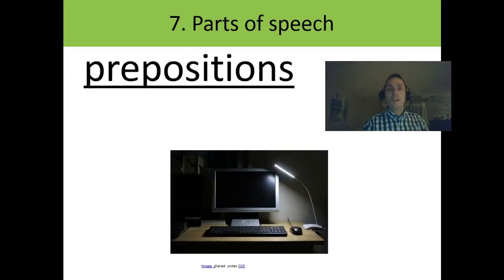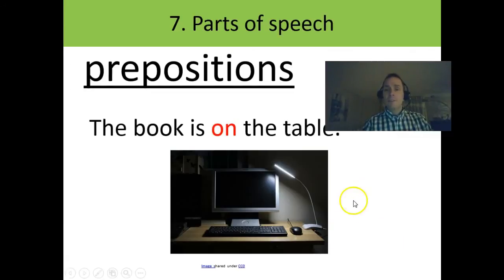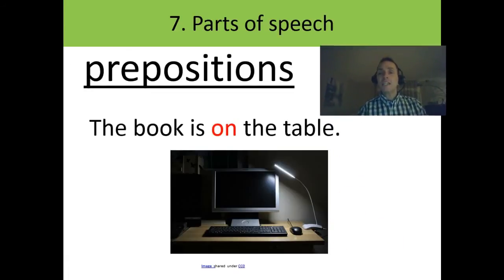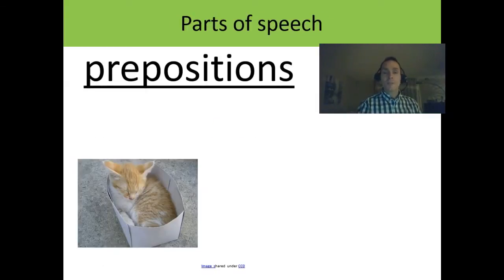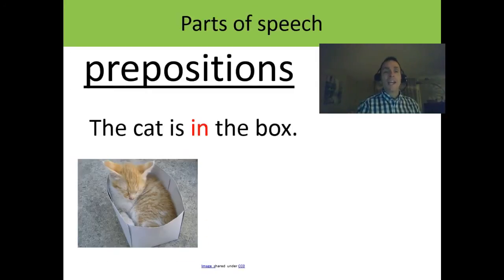Part of speech number 7, prepositions. For example, we can say the book is on the table. So on is a preposition. Talking about the cat, we can say the cat is in the box. So we're talking about where that cat is.